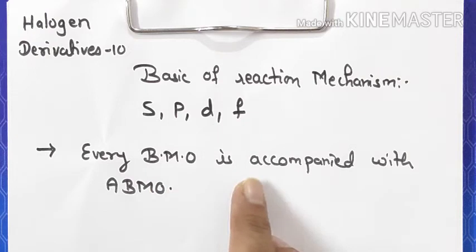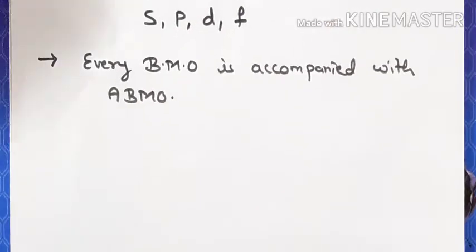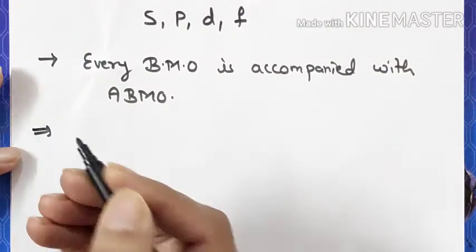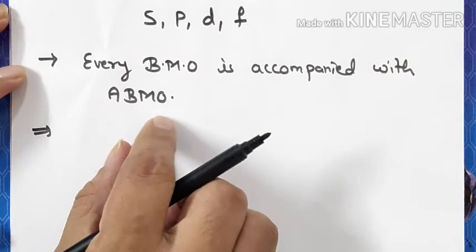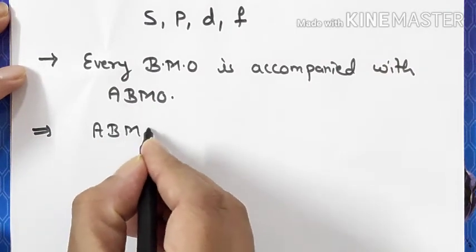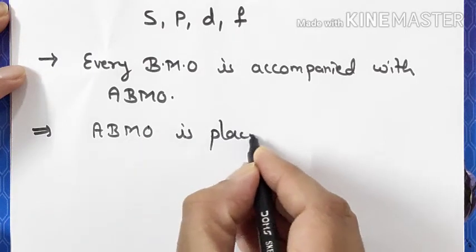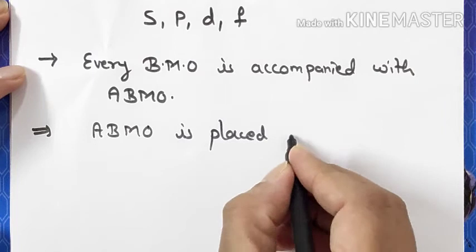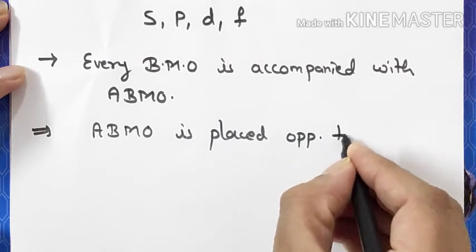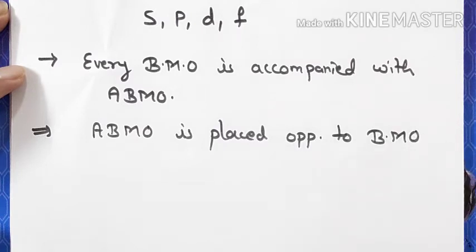That is the first thing. Secondly, this anti-bonding molecular orbital is placed opposite to the bonding molecular orbital. Let me make you understand.